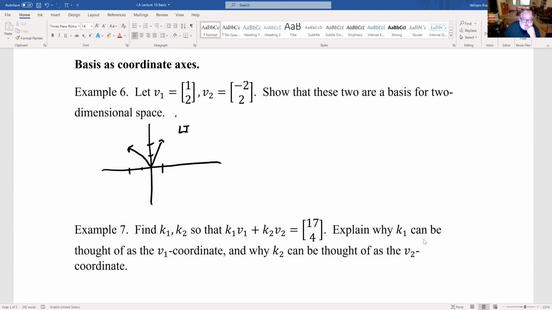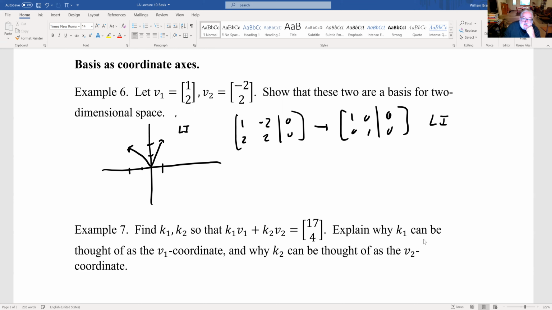And what that means is that if we start with the matrix 1, 2, minus 2, 2, and 0, 0 here, then that will eventually reduce to 1, 0, 0, 1, 0, 0. And so that's linearly independent. So there's 2 of them in 2-dimensional space. So that should mean that every vector can be written as a linear combination of these two. How do we do that?